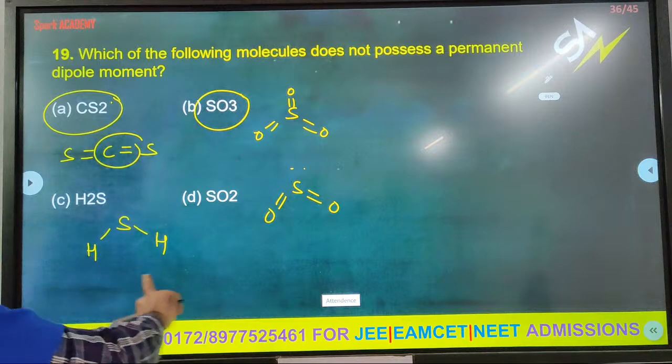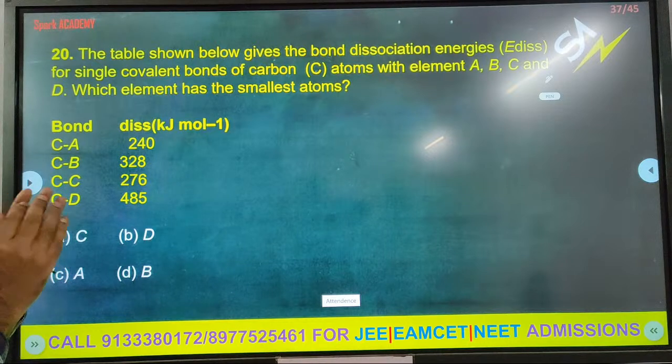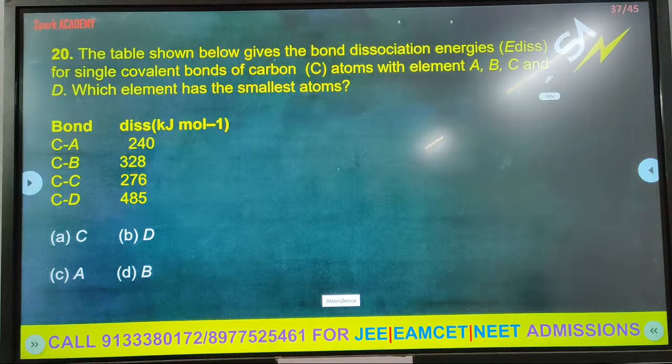Now the last question. The table shown below gives bond dissociation energies for single covalent bonds of carbon atoms.